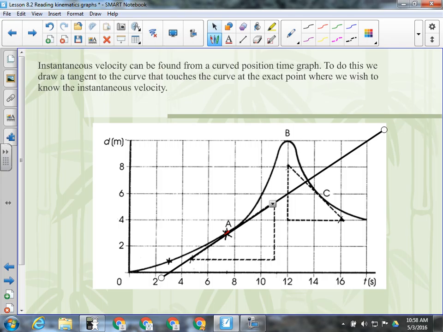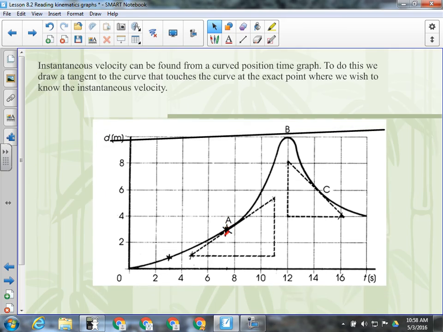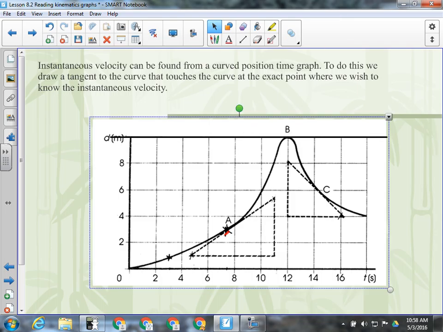Okay? Now, how do I know it stops? Okay, it won't go any higher. It's changing direction. And if I drew a tangent line that touched B, whoa. It would have a slope of 0.